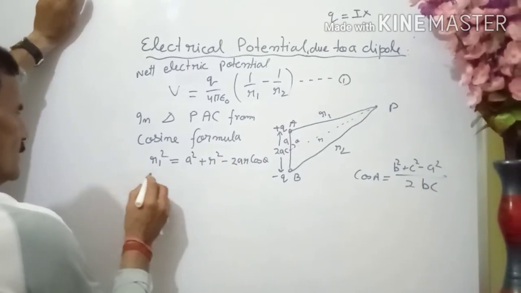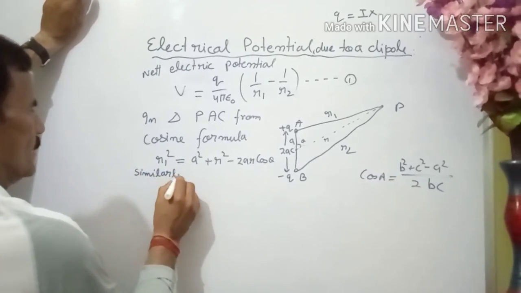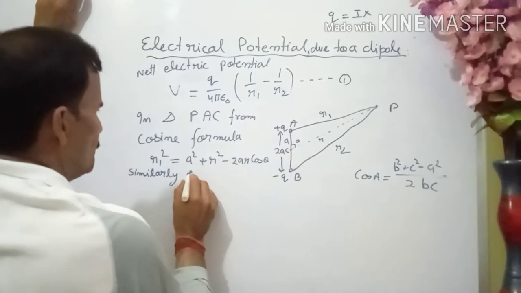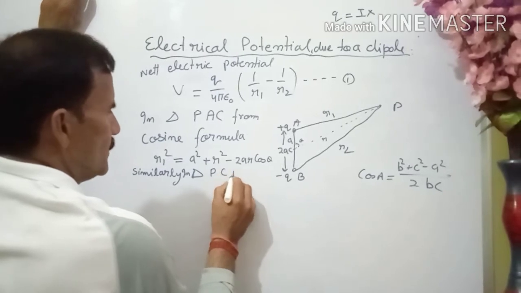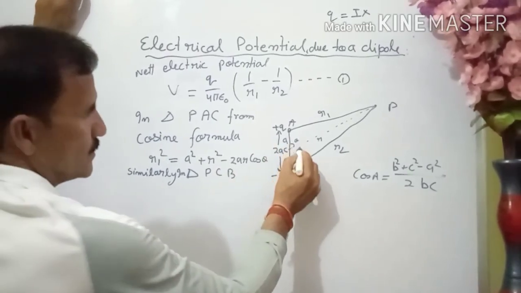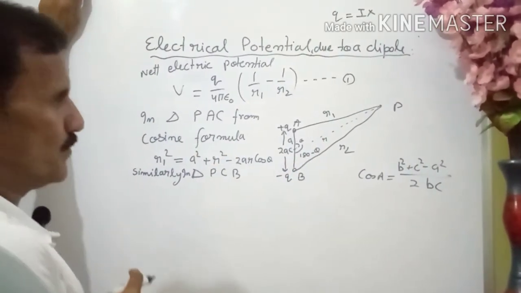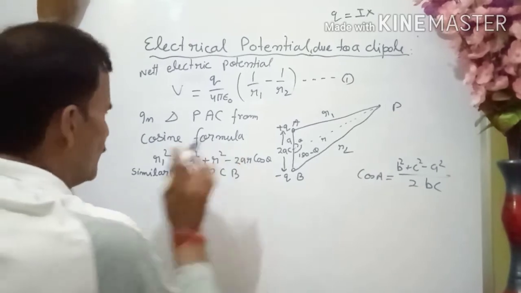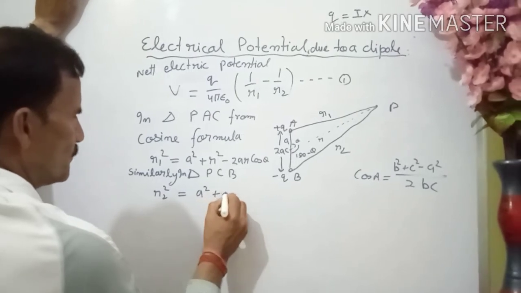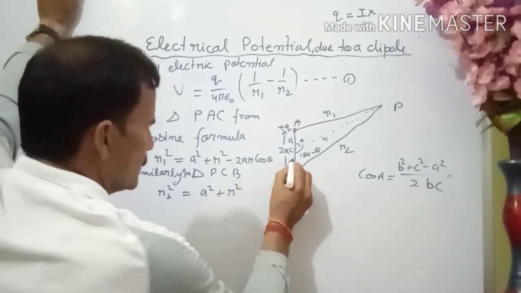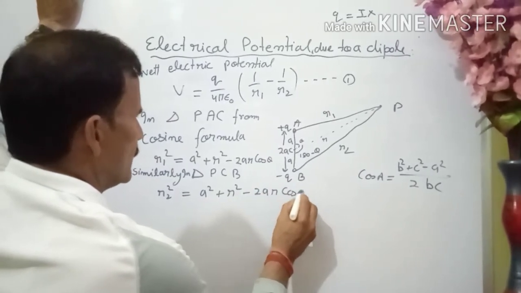And similarly take the other triangle, triangle PCB. Since this is theta, this will be 180 minus theta. So when you apply the cosine formula, r2 square is equal to a square plus r square minus 2ar cos theta.